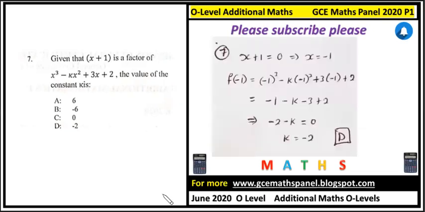So in this case, we have f of minus 1 equal to minus 1 to the power 3 minus k into minus 1 squared plus 3 into minus 1 plus 2. And when we simplify, you have minus 2 minus k. And this should be equal to 0 because x equals minus 1 is a root. So k is equal to minus 2. The key is D.